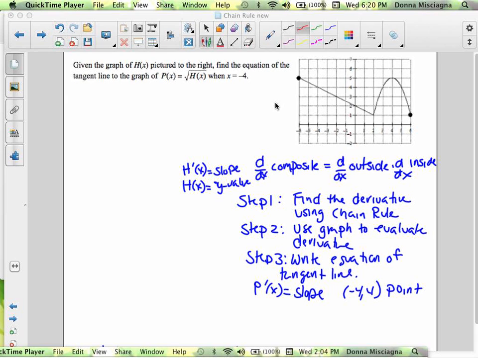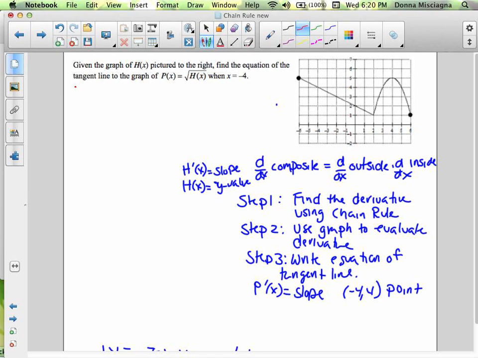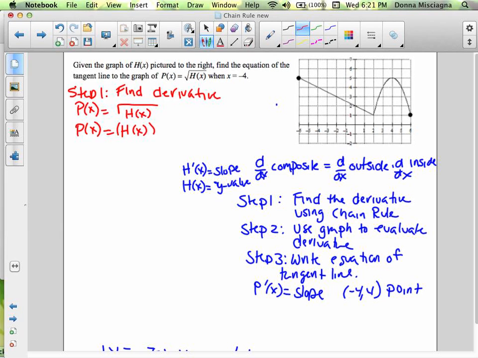All right, so let's find our derivative first. This is step one. We have a chain rule here. So step one, find the derivative. We have p of x equals the square root of h of x. We should rewrite that as h of x to the 1/2 power.